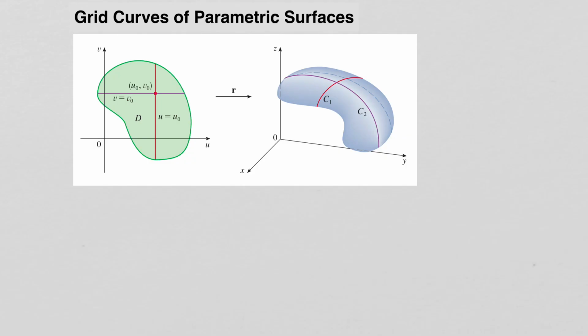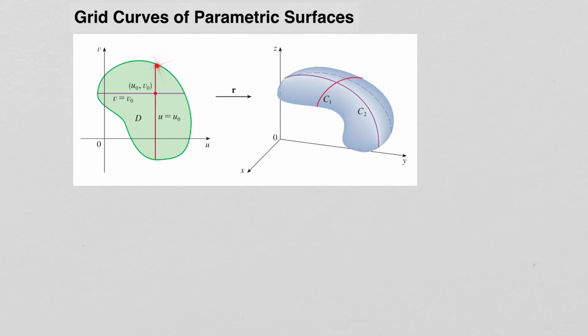Something that is very helpful when graphing parametric surfaces is something called grid curves. A grid curve is when you consider u and v and you hold one of the variables constant. So for example, I might hold the variable u constant, and then we look at all the possibilities for v within that domain.